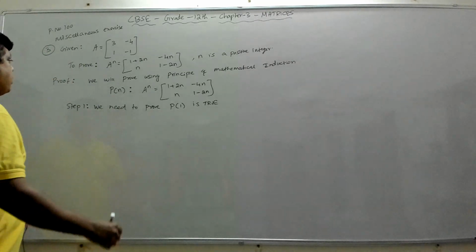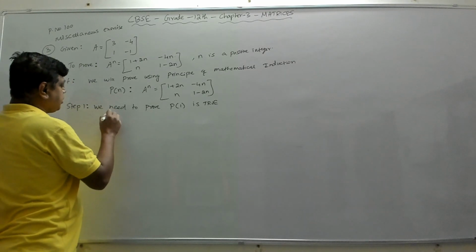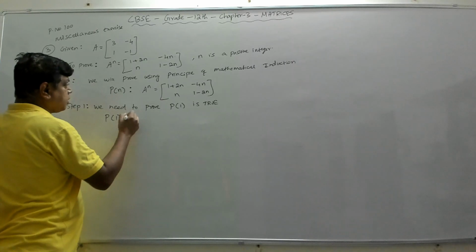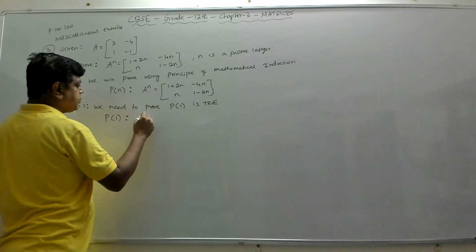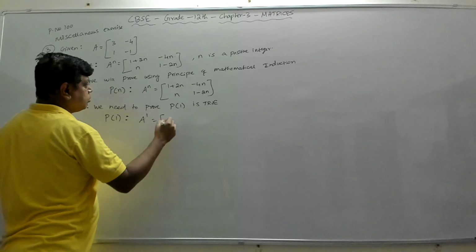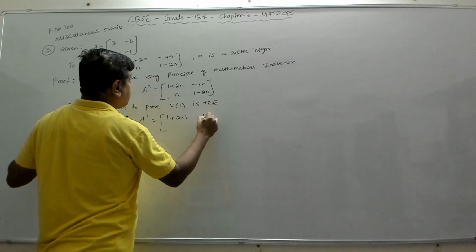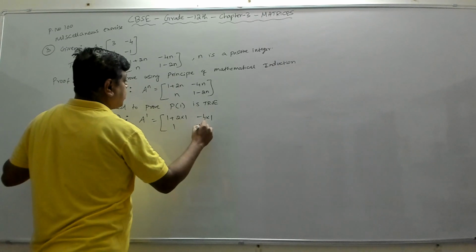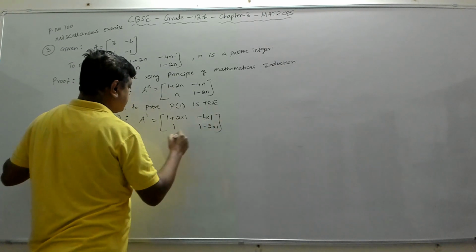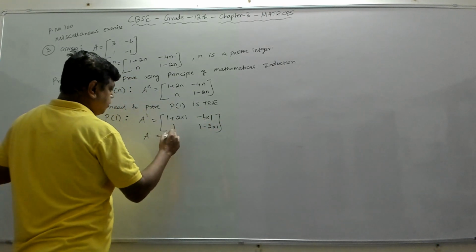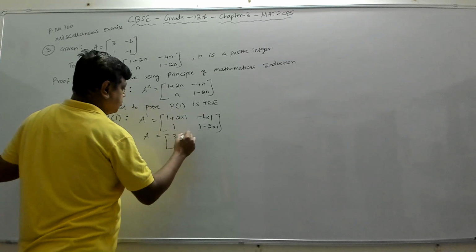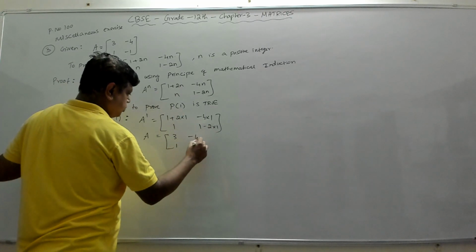So what is P of 1? Let's try to find the P of 1 statement. P of 1 statement is wherever n is there we have to put 1. So this will become A power 1 equal to, if I put 1 here, 1 plus 2 into 1, minus 4 into 1, 1, 1 minus 2 into 1. So this will give you A equal to 1 plus 2 is 3, minus 4, 1, 1 minus 2 is minus 1.